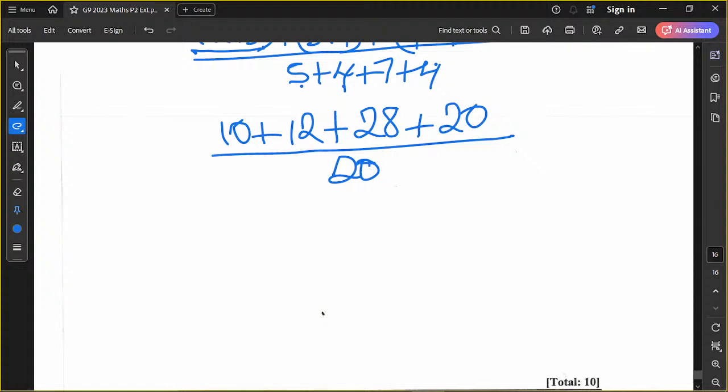Then we evaluate what is on top. 10 plus 12 will give us 22, 22 plus 28 will give us 50. 50 plus 20 will give us 70. Then over 20. Then we divide. So we cancel this 0 and this 0 to make our calculation easy.